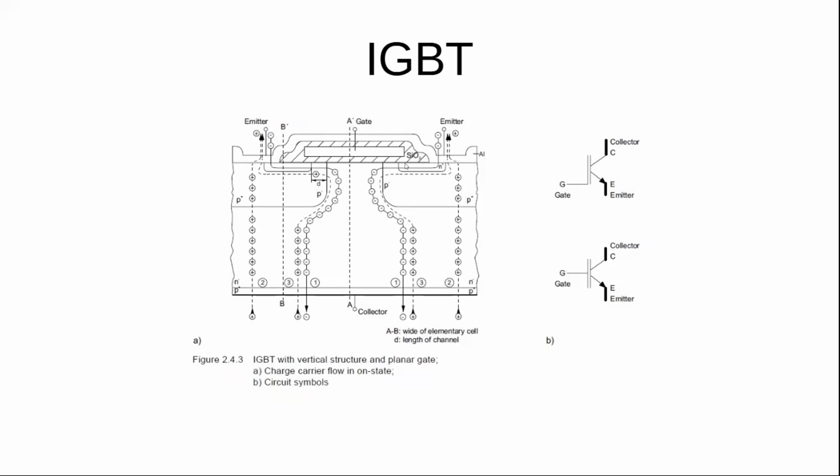Then I create a channel so that electrons flow through that and down through the N, and then into the collector, through this layer, and then it gets collected. So there's this other extra layer, so it's behaving, like I said, with that sort of bipolar behavior.